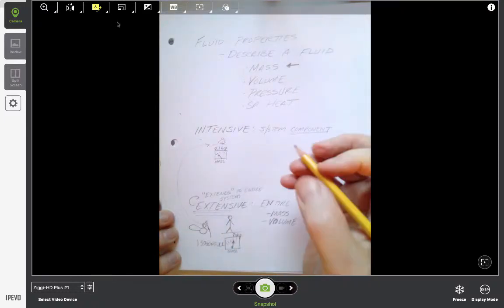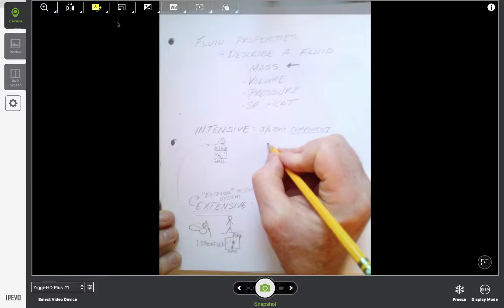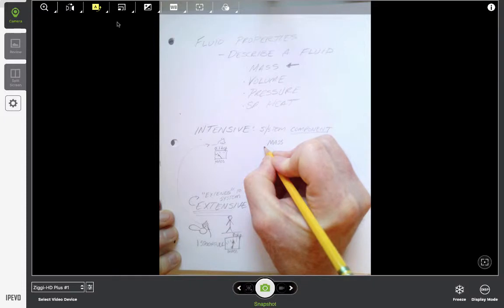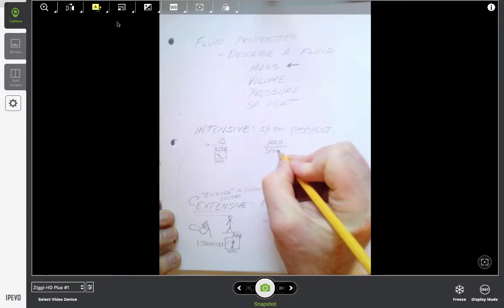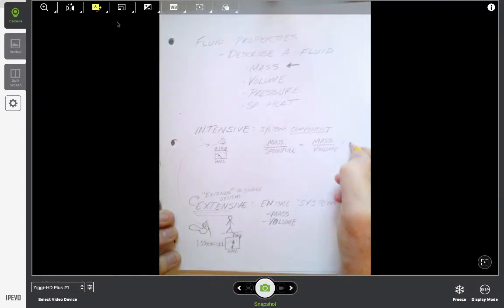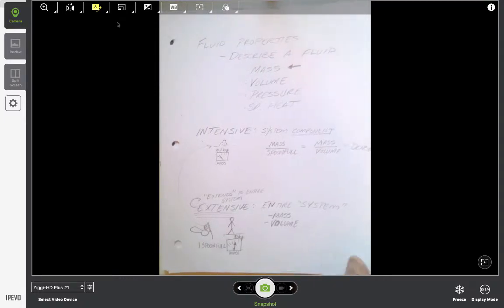And so we would say that this intensive property might be mass per spoonful, which is a mass per volume, and that's called density. And that description is the main description of the difference between an intensive and an extensive property. So we'll examine a few of these.